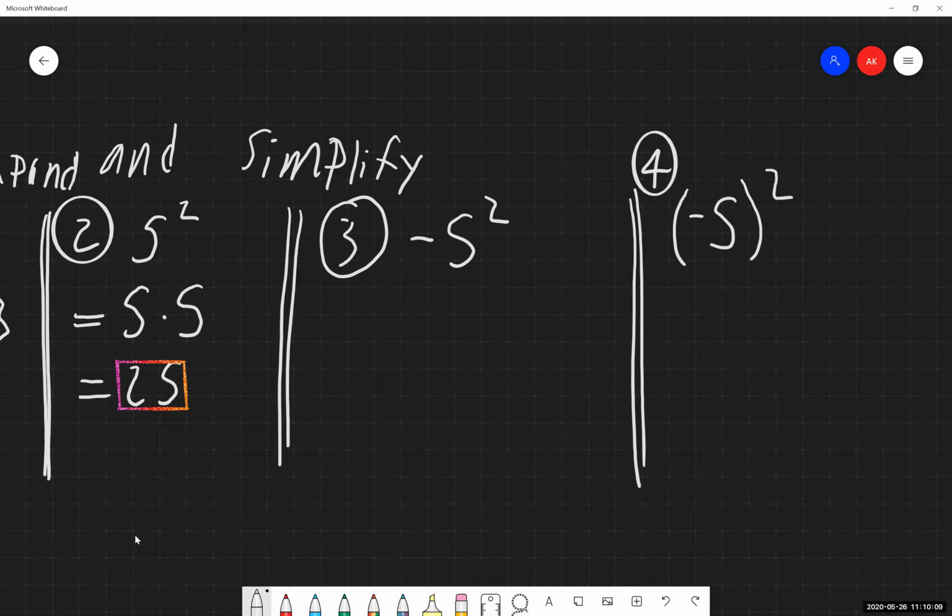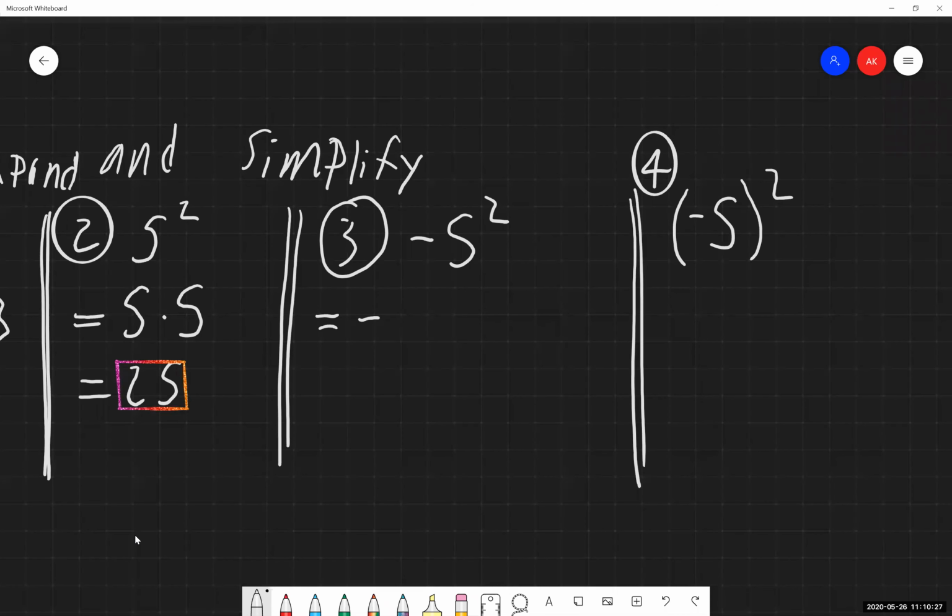In example 3, we're having -5 to the second power. That means the only thing that is going to be affected by this exponent is just going to be the number 5. The negative out front is just going to be along for the ride as we're going through this.